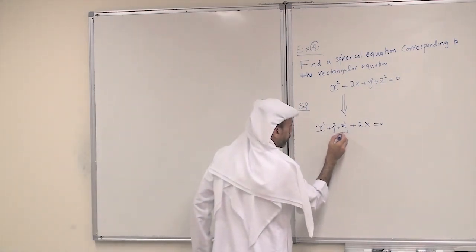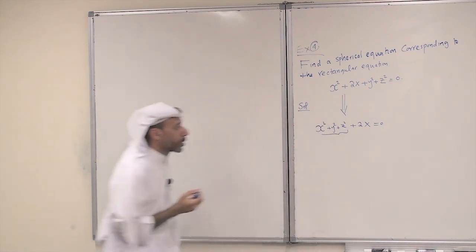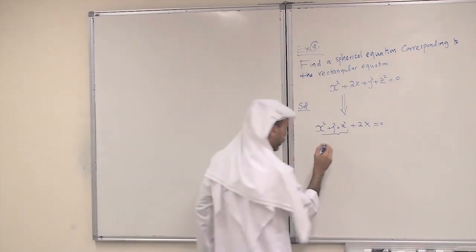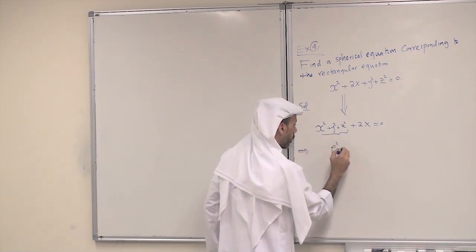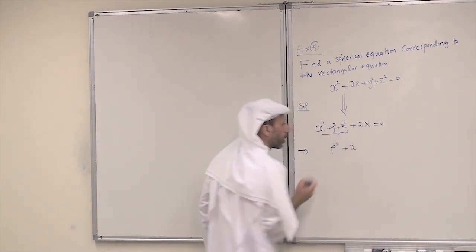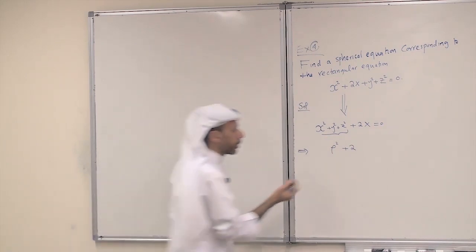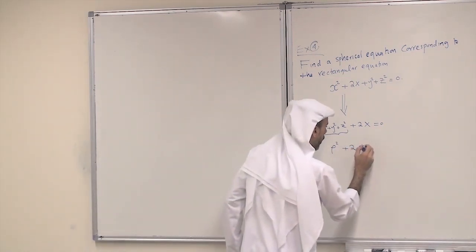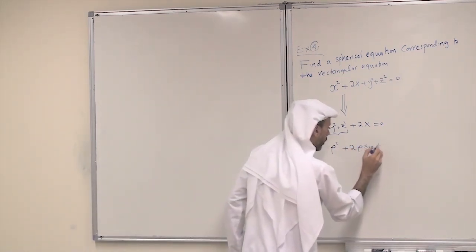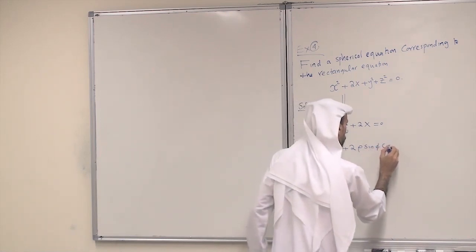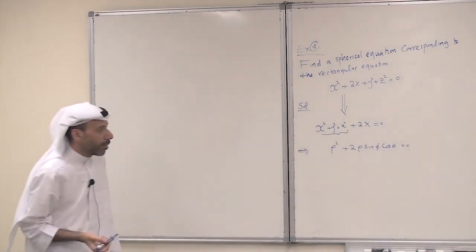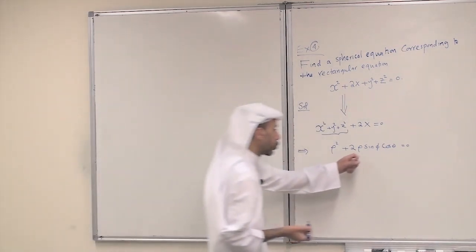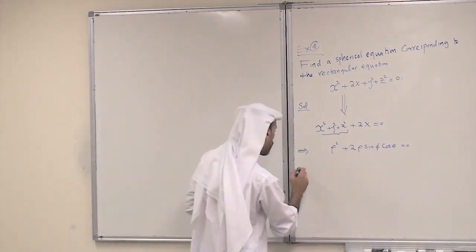I know that x squared plus y squared plus z squared equals rho squared. So this is rho squared plus 2 times x. What is x in spherical coordinates? It is rho sine phi cosine theta, equal to 0. Simplify further, I can take rho as a common factor.